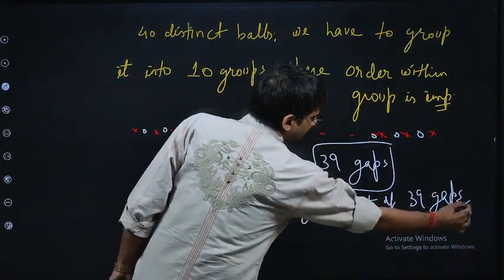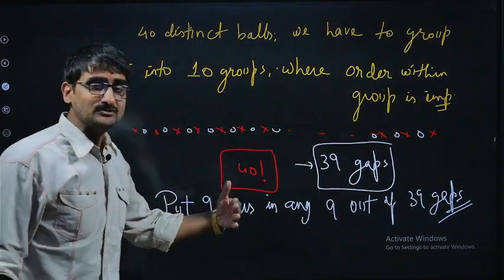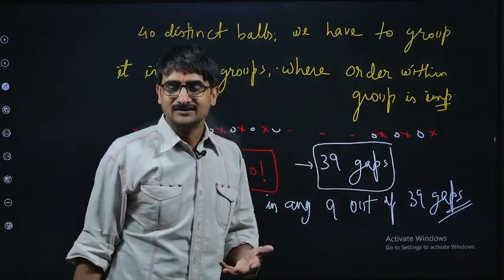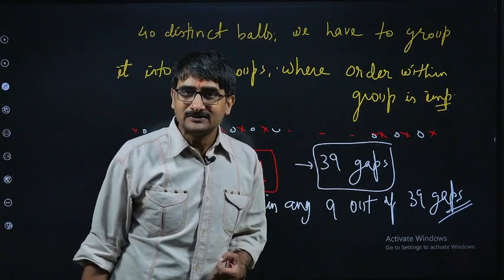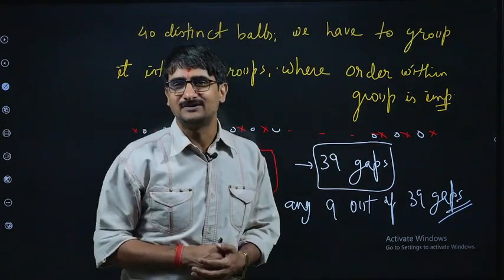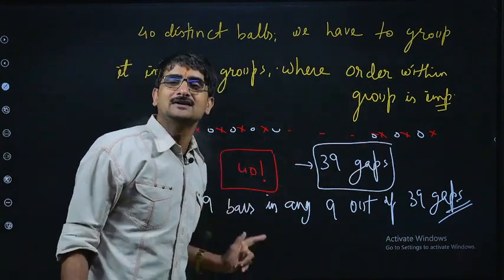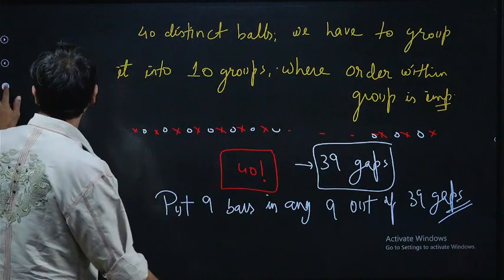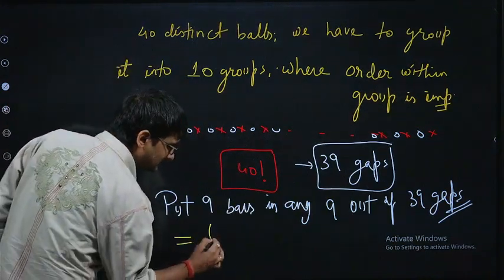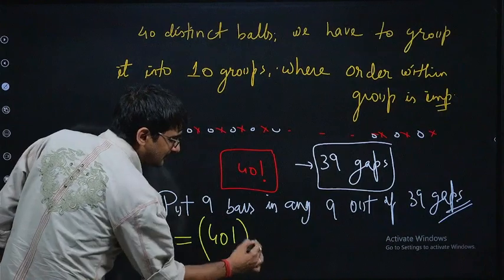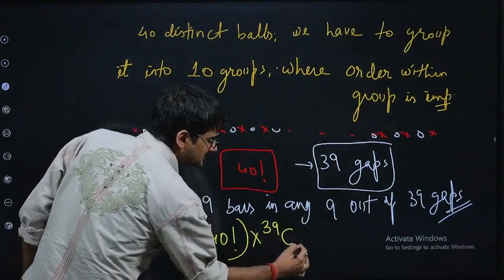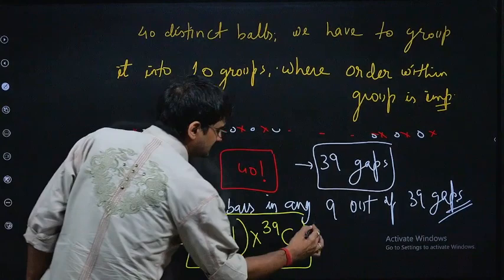Won't that divide 40 objects into 10 groups? And order will also be important, because I've taken care of order by arranging all 40 objects. So the total number of ways in that case will be 40 factorial for order, and then 39C9. That is the answer here.